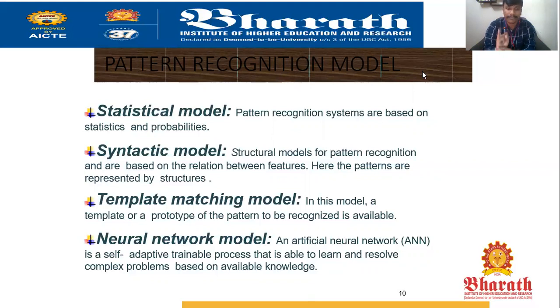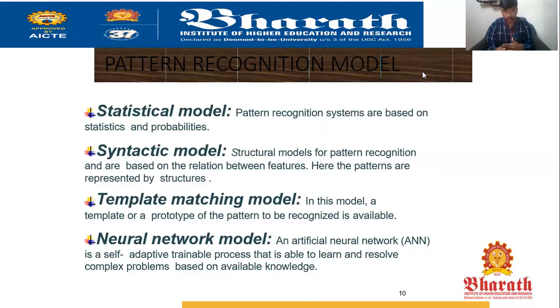It has a self-adaptive training process. It can adapt according to changes occurring due to the surroundings or internal processing changes. It can learn the change, resolve errors and complex problems occurring in the network, and produce the output according to its trained knowledge. This is known as the neural network model.